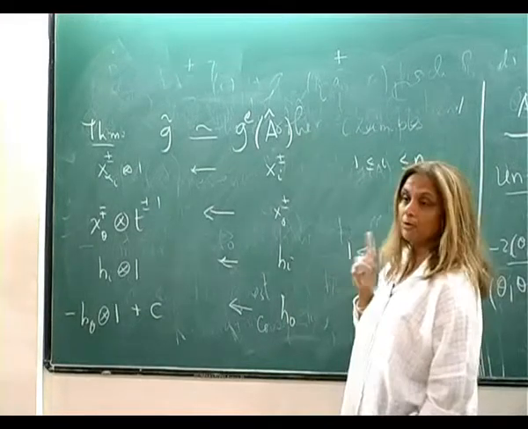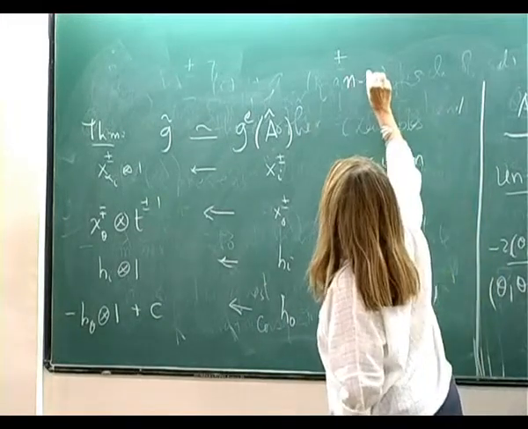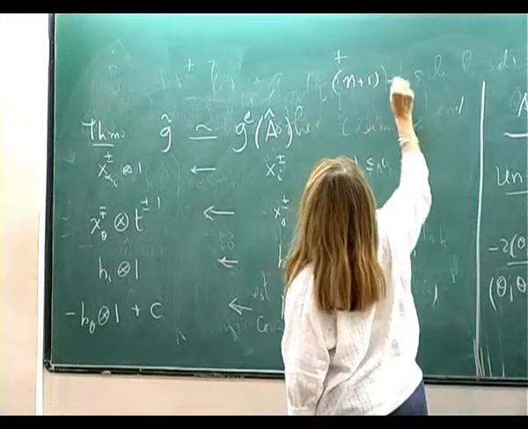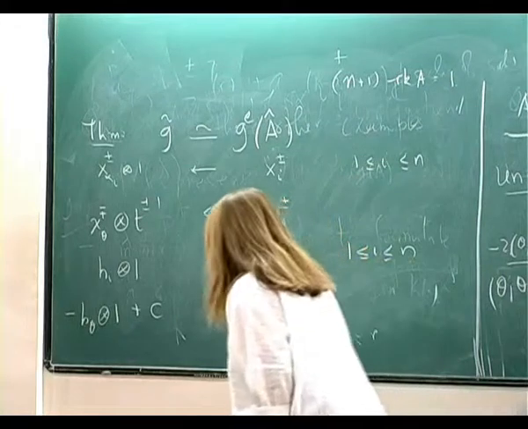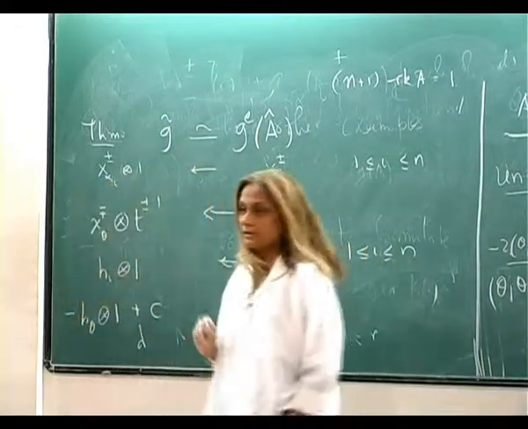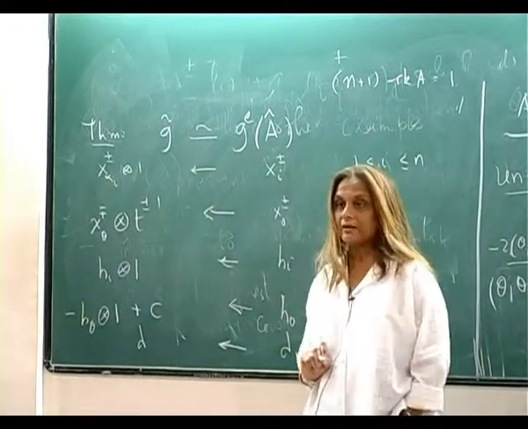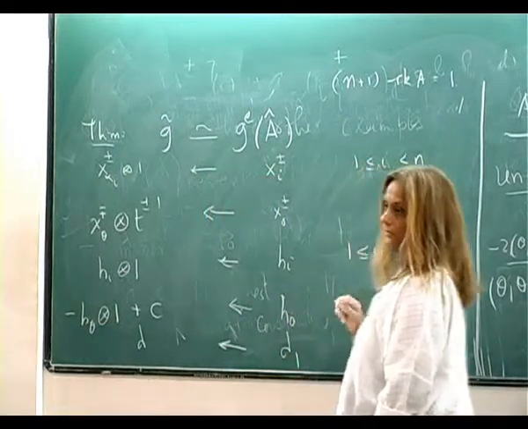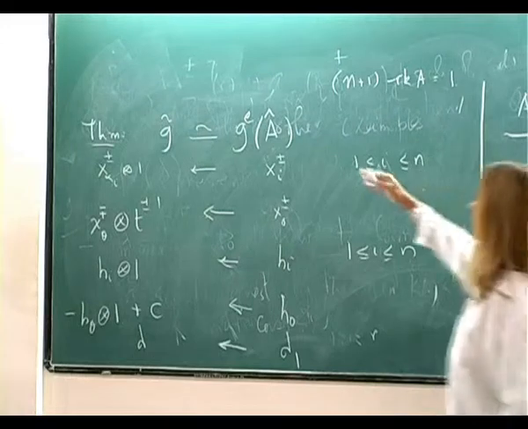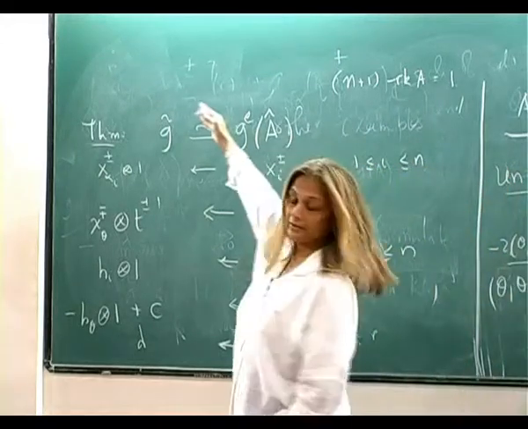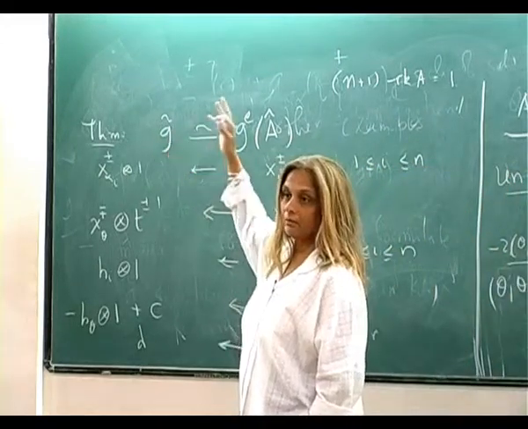And I have to give myself only 1, because n plus 1 minus rank A in this case is equal to 1. And so this d exactly goes to this d. Okay. So this is the theorem. So this is how you explicitly realize this very abstract algebra in a very concrete way.